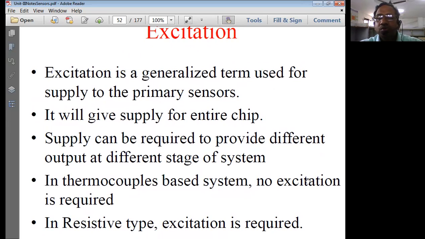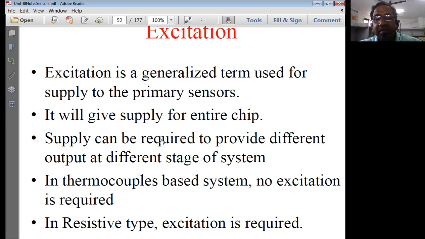As I was telling you, sensors are normally used in multidisciplinary environments. So in multidisciplinary environments, what situations arise? The situation that arises is that different systems at different stages provide different outputs, and these different outputs are normally applied to different other systems.